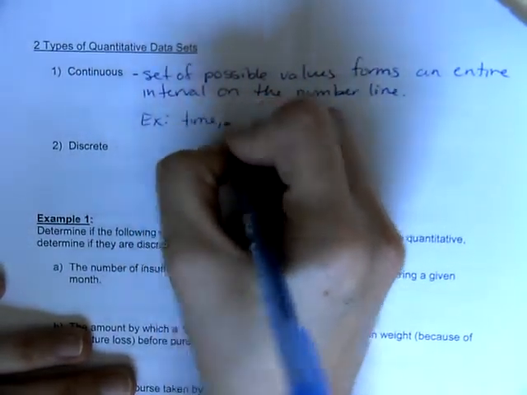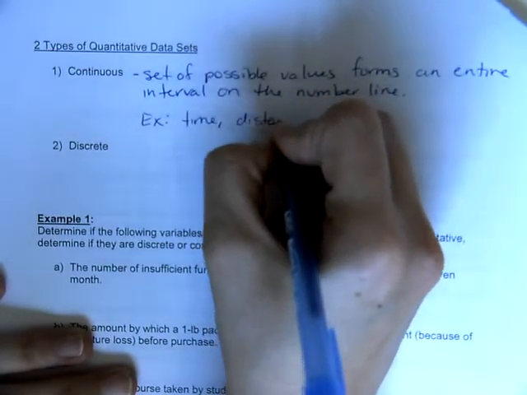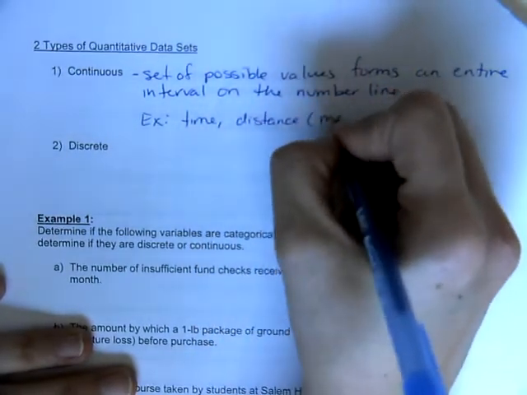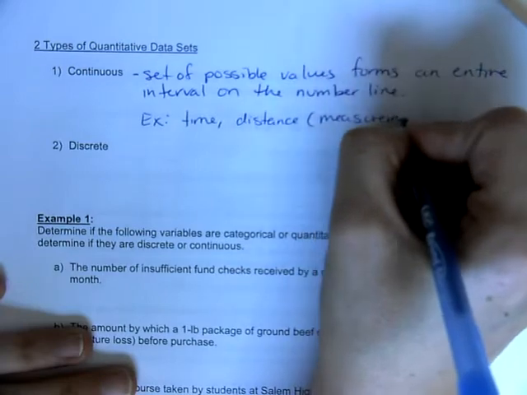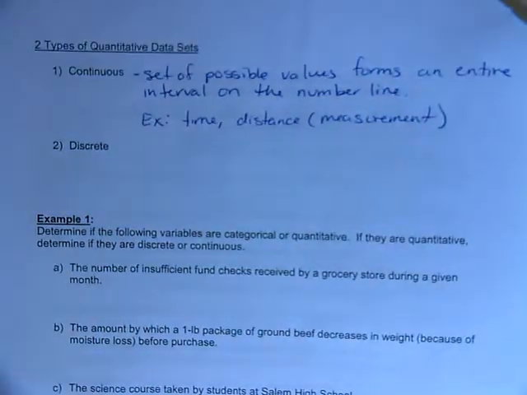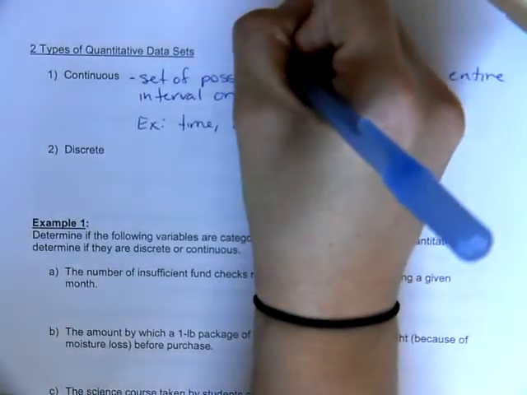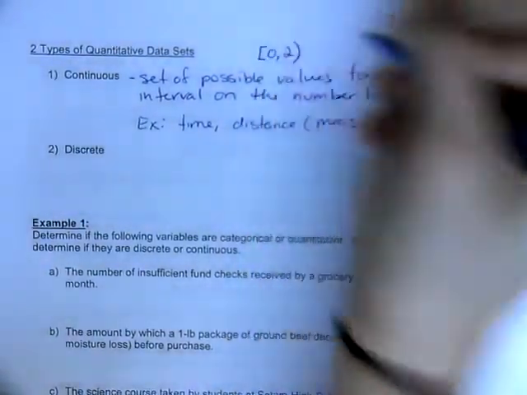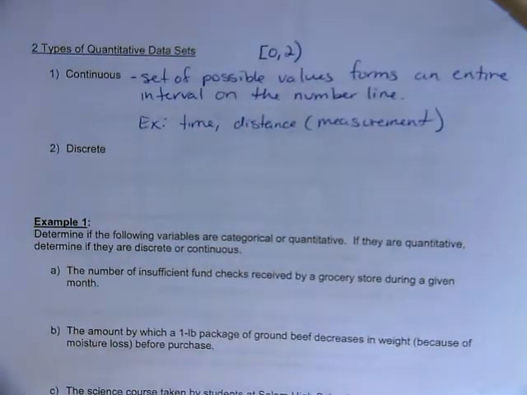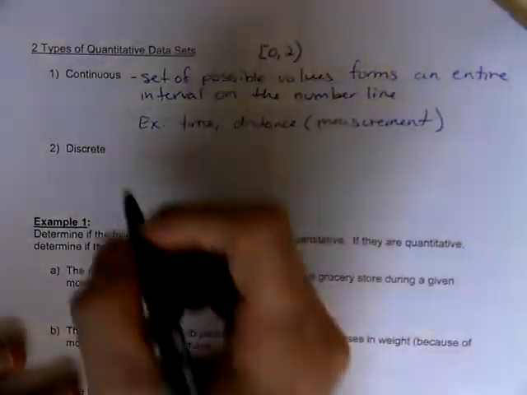So time, distance, any sort of measurement would be continuous. You guys have seen these like in algebra where it's like, from 0 to 2, including 0 but not including 2. So you've seen intervals before. So anything that's an interval is continuous.